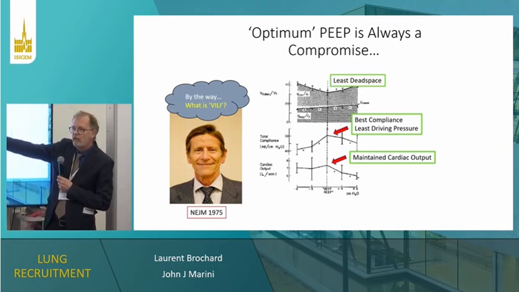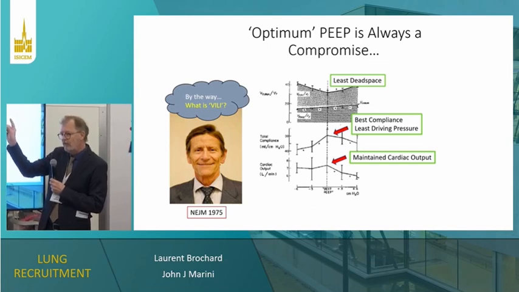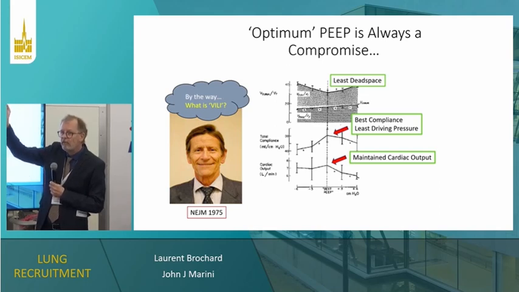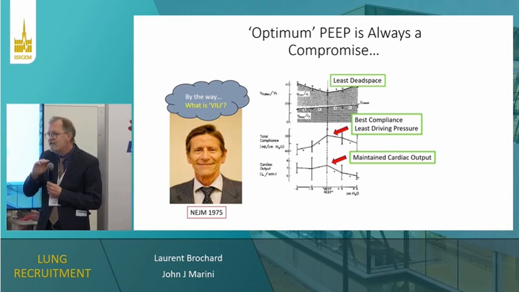What do you think the PaO2 did after increasing the PEEP further? It went up. Okay? So the best PEEP is not the best PaO2. You continue to increase, and decreasing cardiac output is a mechanism to improve oxygenation. Very misleading.